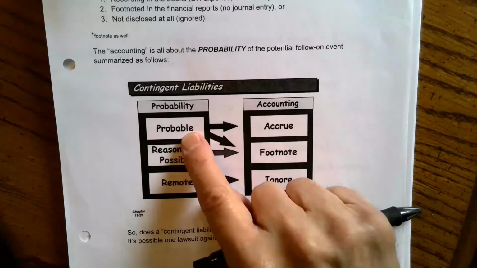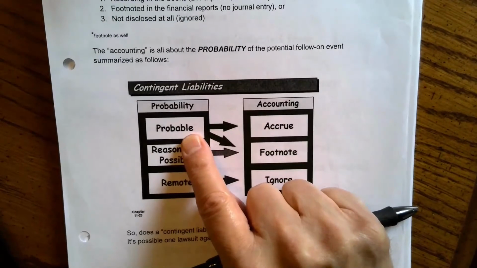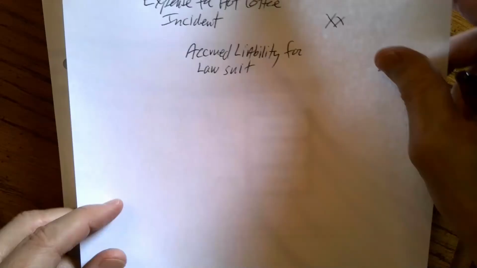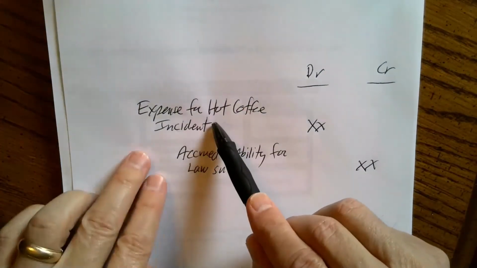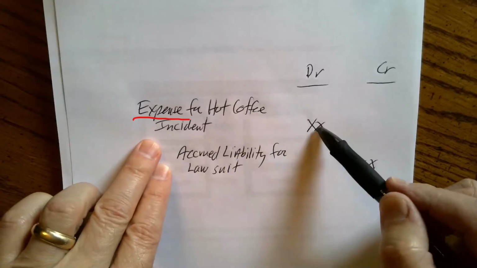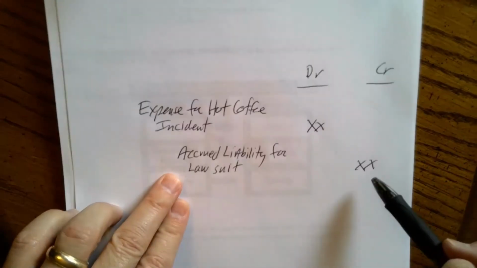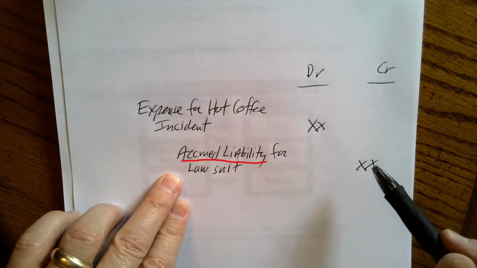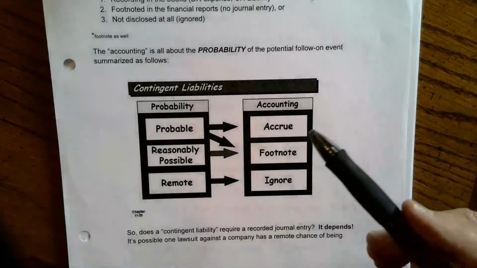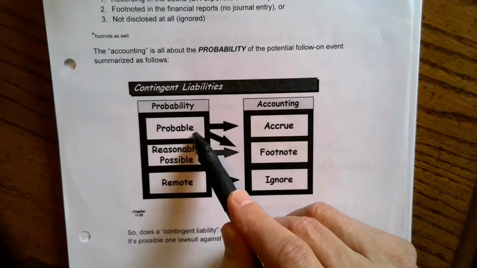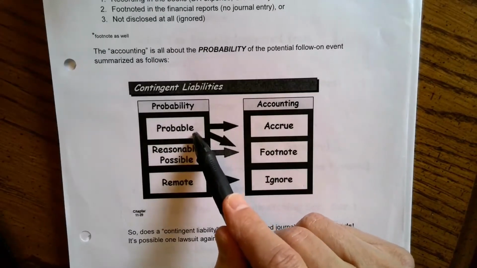So if it's probable that that follow-on event, that lawsuit, will succeed, a journal entry would be entered in the books: debit expense, in this case, hot coffee incident, and credit accrued liability for future lawsuit. So establishing a liability and recording the expense now because it may be deemed probable that that lawsuit will succeed.